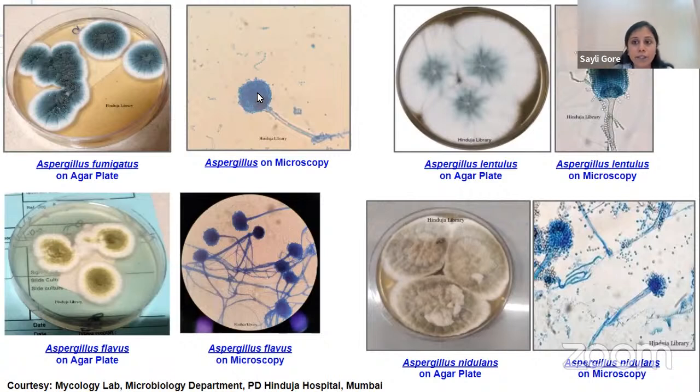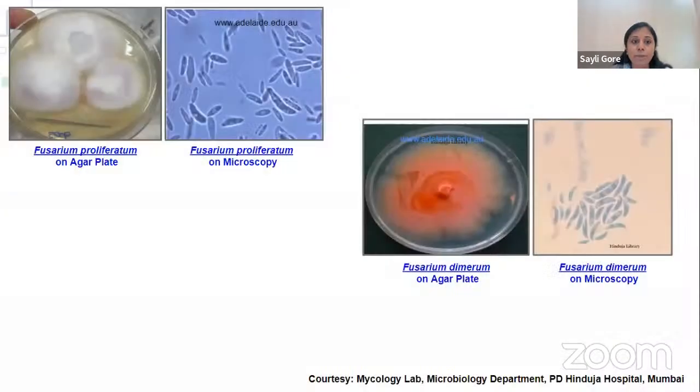They have mainly conidia, which are attached to the end of the hyphae like this over here. Their hyphae are Y-shaped, while in Mucor it's a bulb structure. Mucor species are known to cause mucormycosis, and Aspergillus can cause pulmonary or disseminated Aspergillus infections.